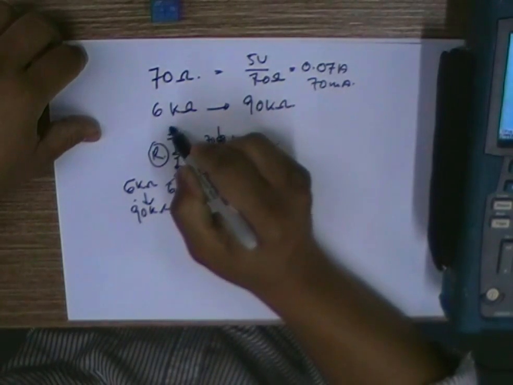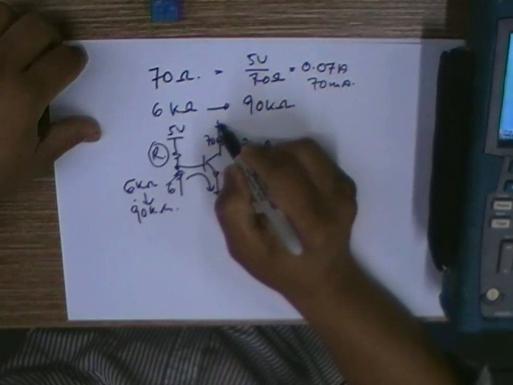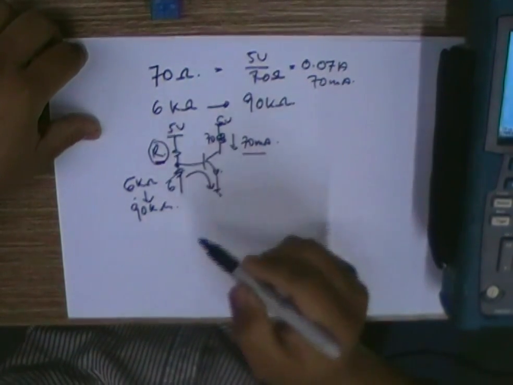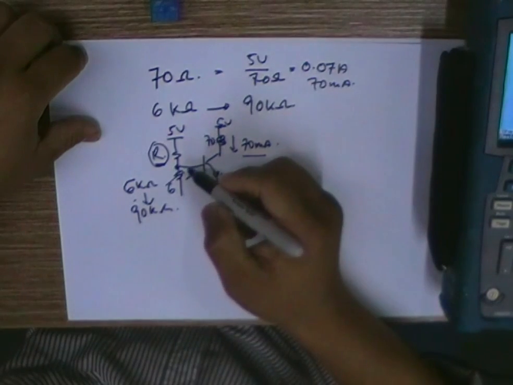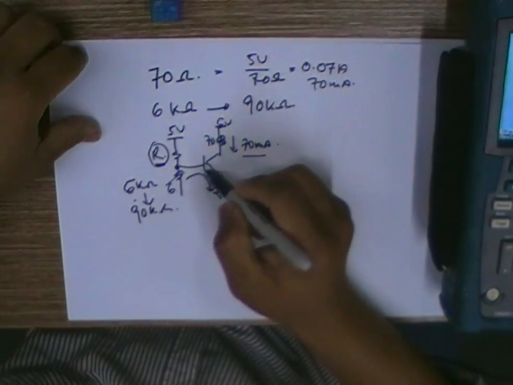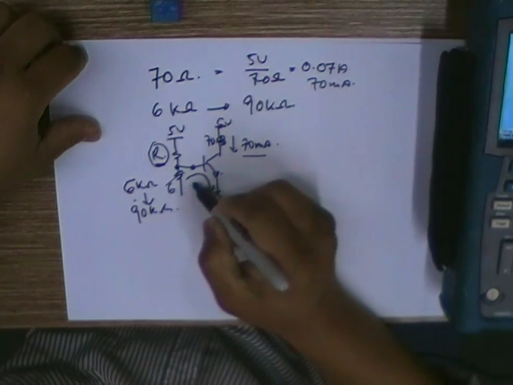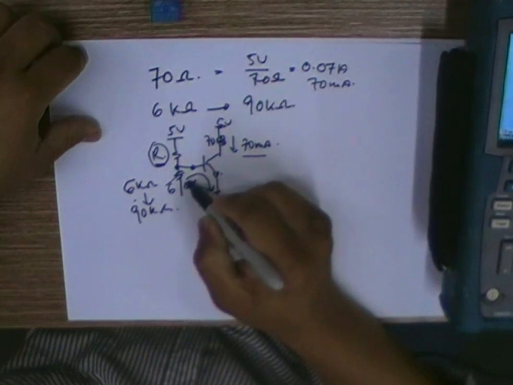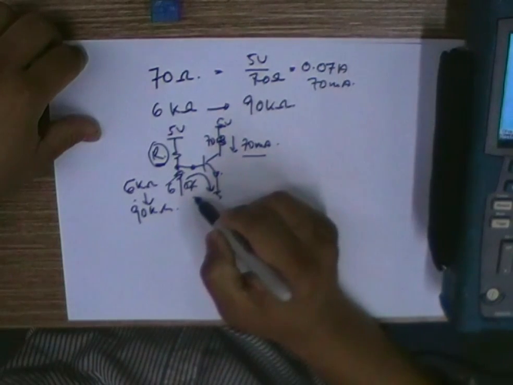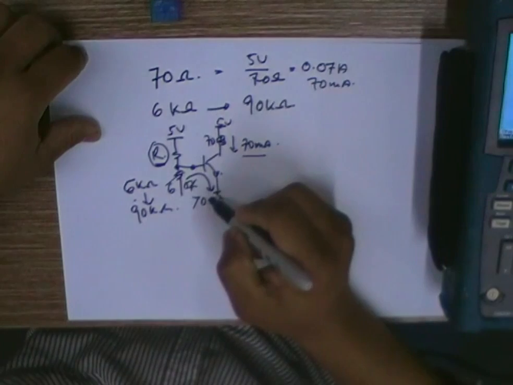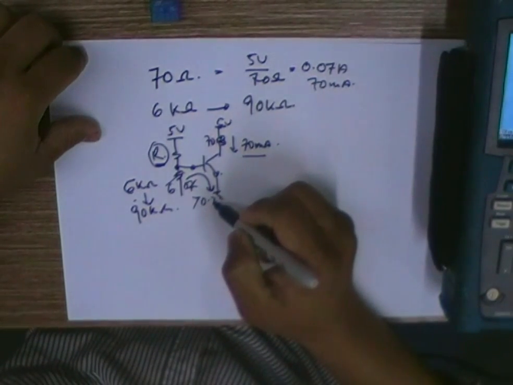Then the supply, say this is 5 volts and this is 5 volts. Then you need to find a suitable resistance that will change the VB from less than 0.7 to greater than 0.7. So when the resistance is high, this will be more than 0.7.